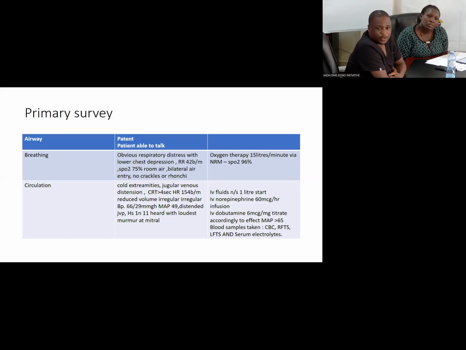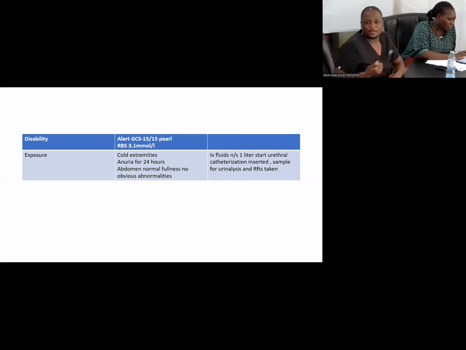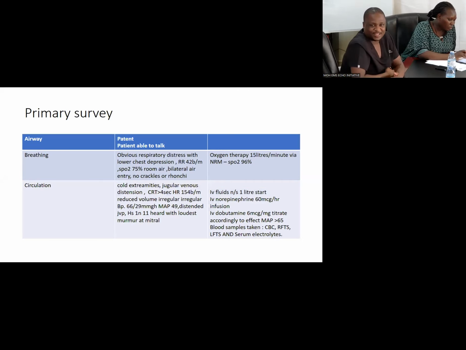However, she had bilateral air entry. There were no crackles, no bronchi. Because of the hypoxia, we supplemented her with oxygen. We started with 15 liters per minute via a non-rebreather mask. That's how we optimized the breathing.